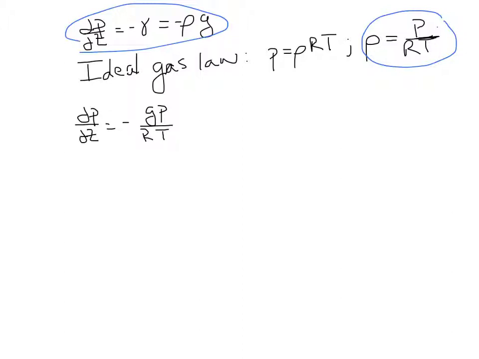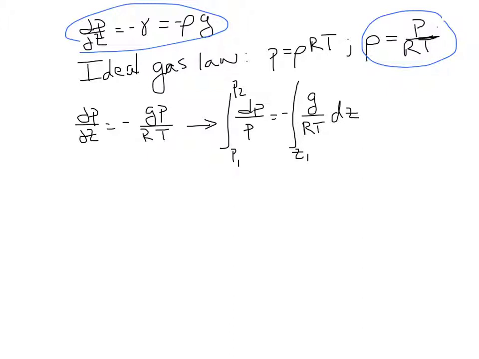Well, we can do separation of variables on this and write this as dP over P is equal to minus g over RT dz. And then just as I did in lecture today, in the case of a constant density fluid, we can integrate this from point 1 to point 2, where the left-hand side is P1 to P2, and the right-hand side is z1 to z2.